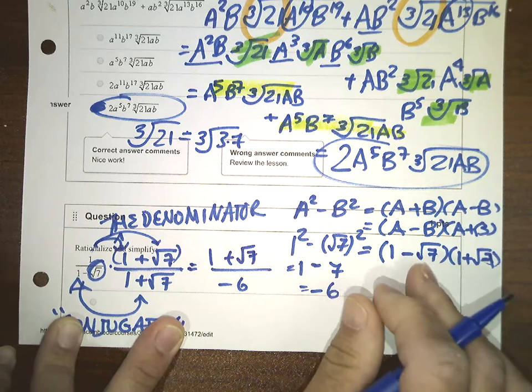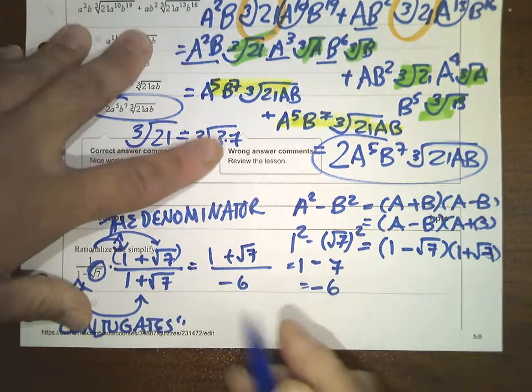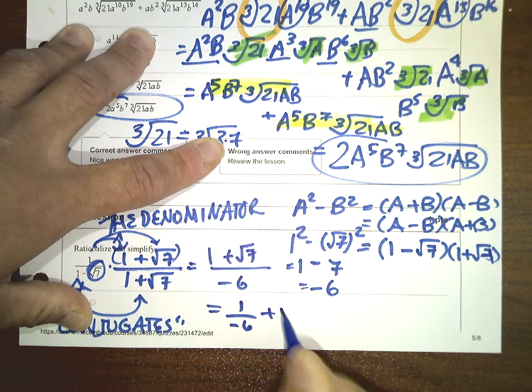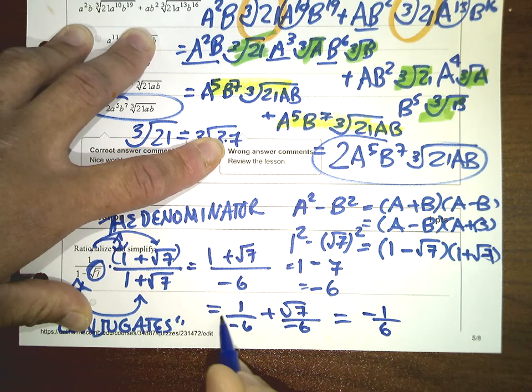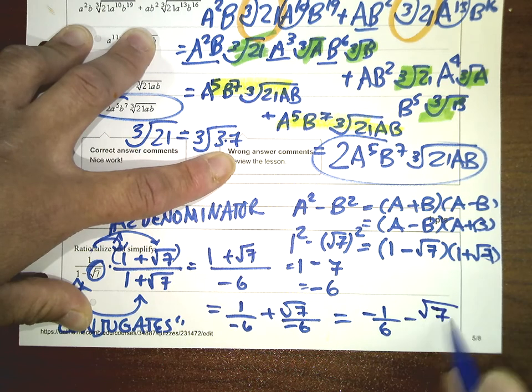Another way to write this would be 1 over negative 6 plus square root of 7 over negative 6, or just negative 1/6. You can bring the negative up to the numerator, so minus square root of 7 over 6.